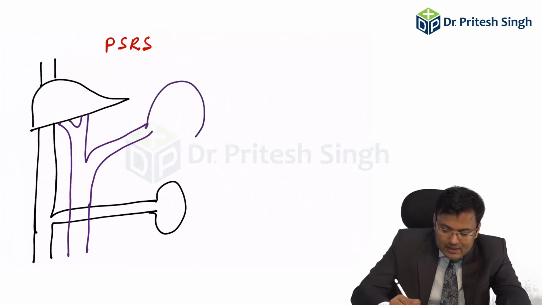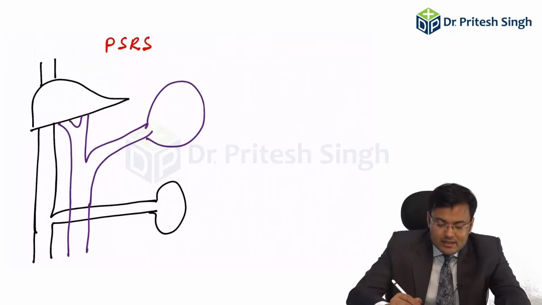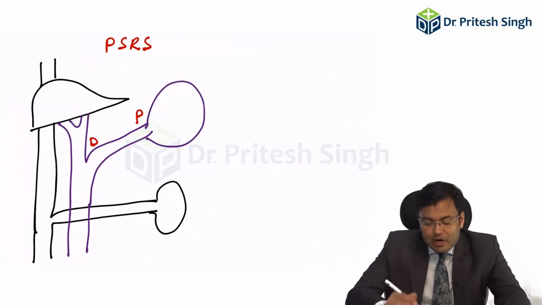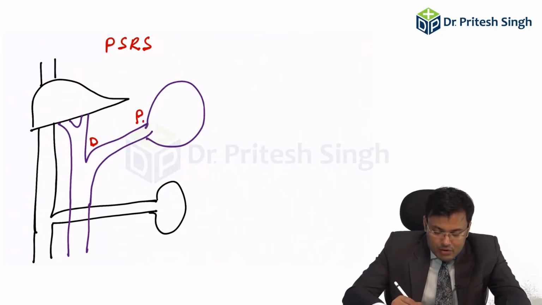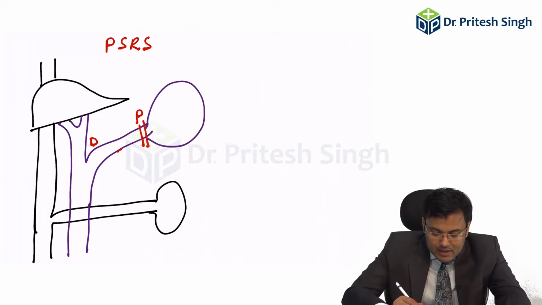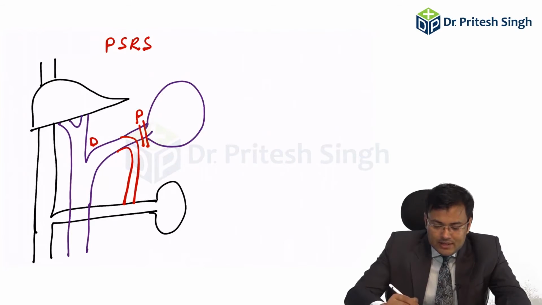And this is spleen. Which part is proximal and which part is distal? In splenic vein, can you see? This is proximal and this is distal. In proximal splenorenal shunt, we are going to divide this proximal part. After dividing this proximal part, we are going to suture it to the renal vein. So what will be the final diagram? You can see the final diagram is something like this.